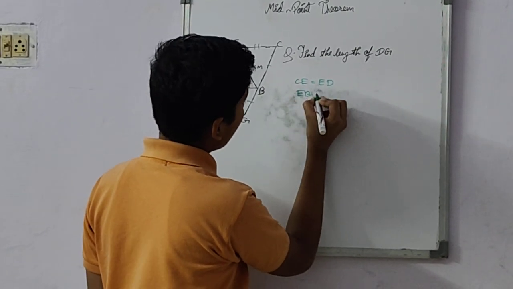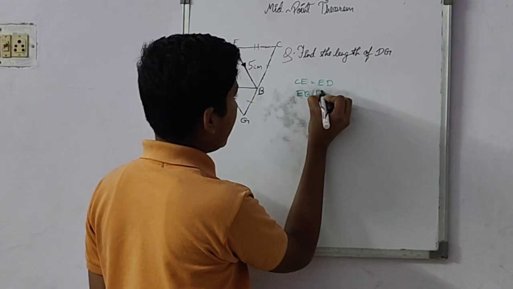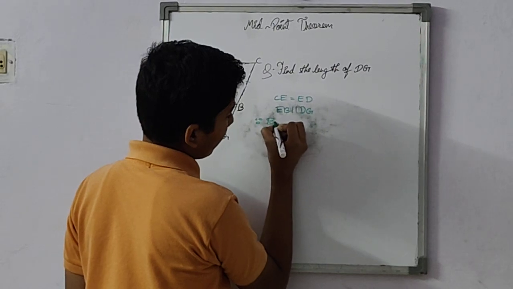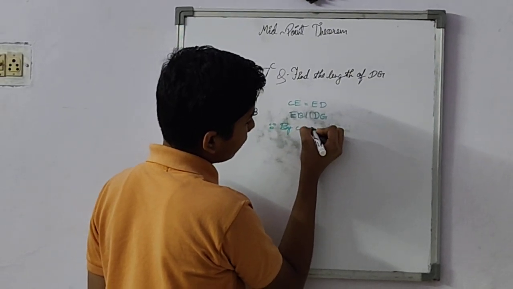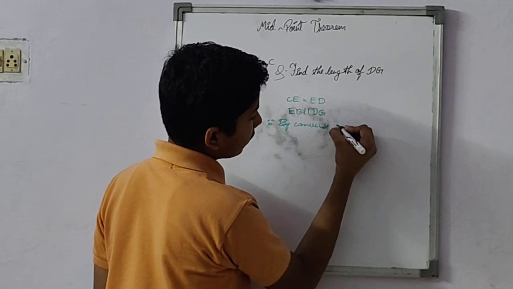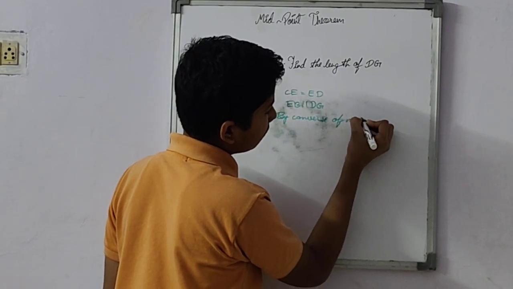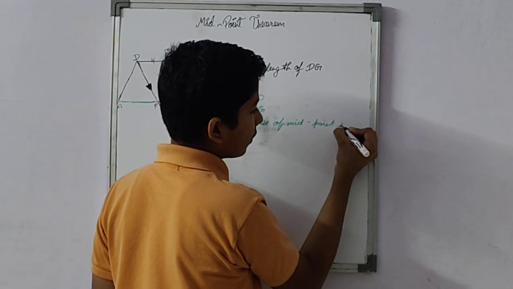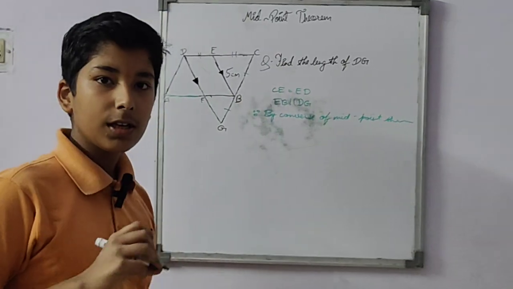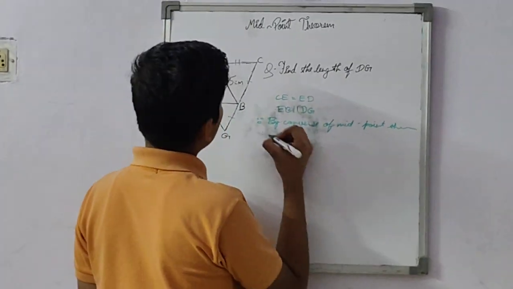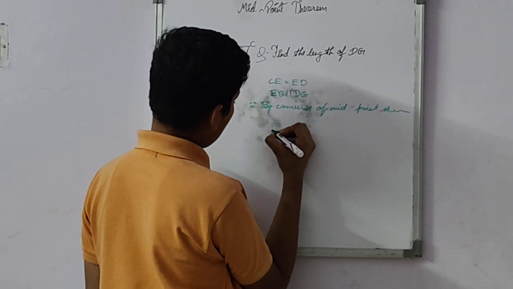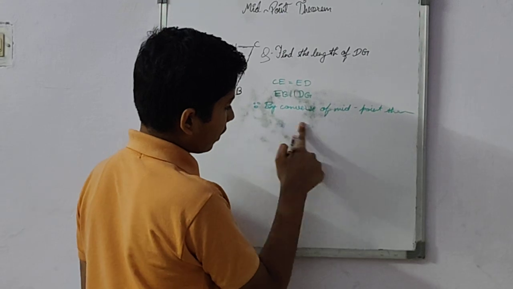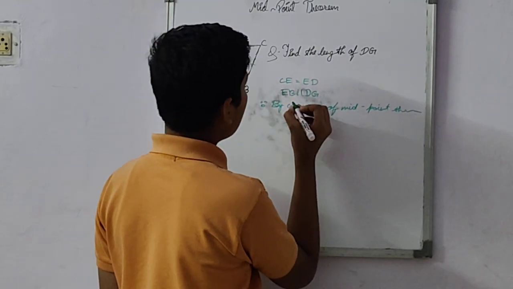EB parallel to DG. Therefore, by converse of midpoint theorem, this line will be equal to this line, means CG equal, no, I wrote it by mistake, don't mind it.